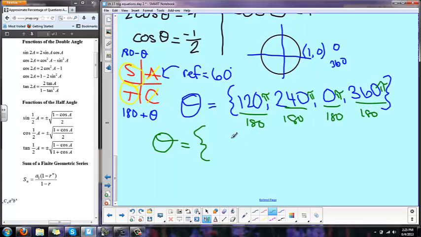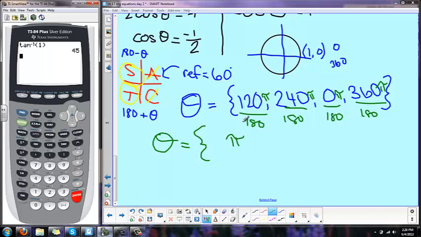Now you're going to keep the pi symbol in your answer, and all you're going to do is use your calculator to simplify this fraction.